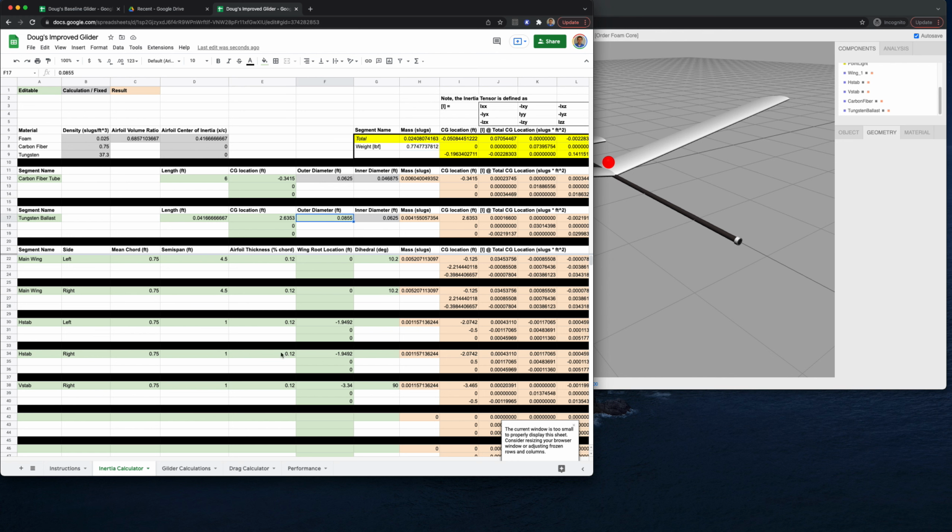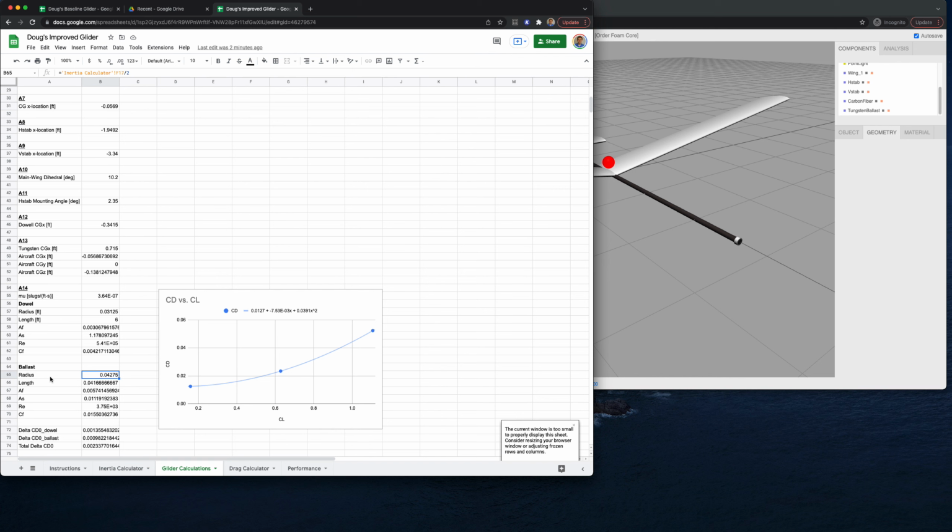As I change it here, it automatically updates right here for this radius. I divide it by 2 to get the radius because the equations for our drag were in terms of the radius here. So this already got updated for the change in my drag due to that change in radius. Since we went from a washer that had a larger radius to a smaller radius, I've already got a reduction in my drag there just based off of that.